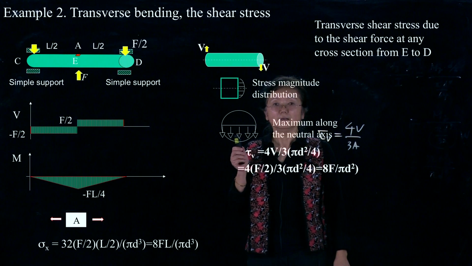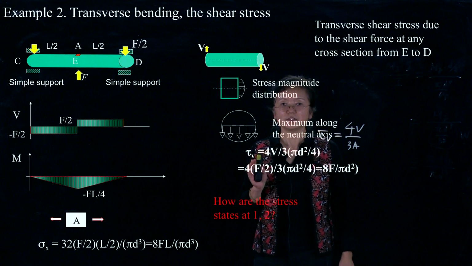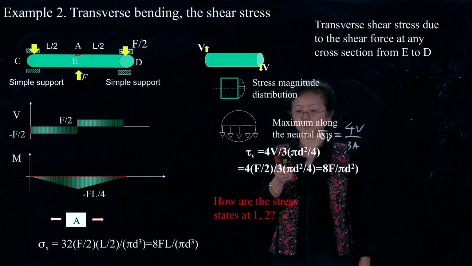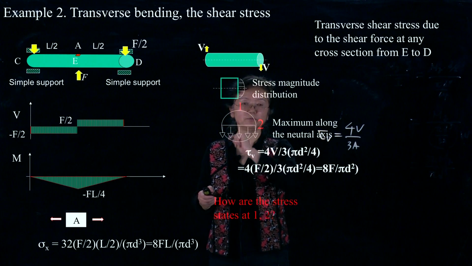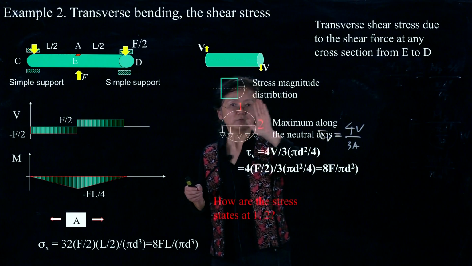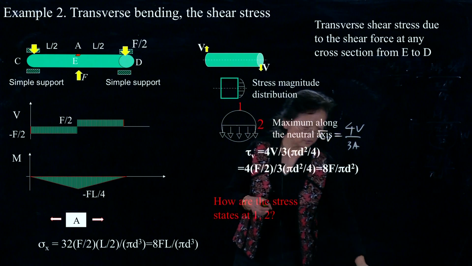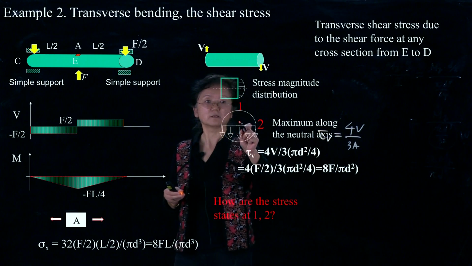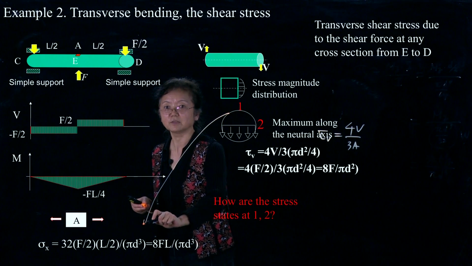Okay. Now, I have a question. How about the shear stress state at 2 points, 1 and 2? Where are 1 and 2? This is 1 and 2. At 1, do we have shear force? Do we have shear stress? No, we don't. So the stress state for 1 is this. It is only the normal stress, which is this one.